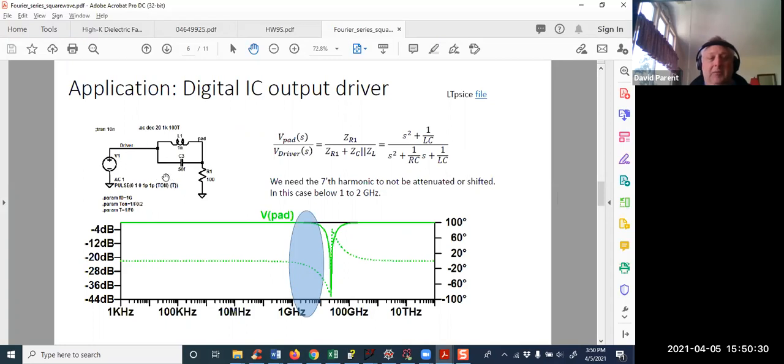What we have here looks just like an RLC circuit, except this is a square wave, and what we're trying to do is send a signal from the outside of the chip, through the wire into a pad of a chip. All right.